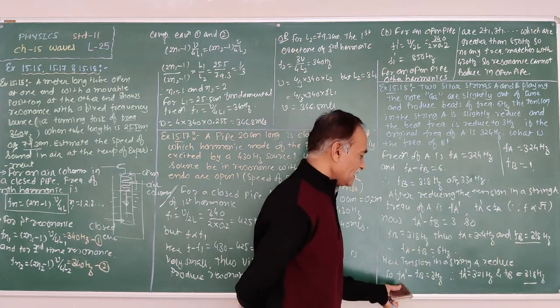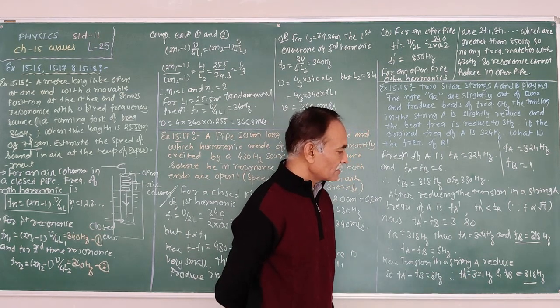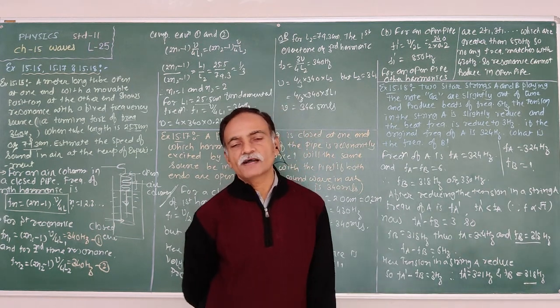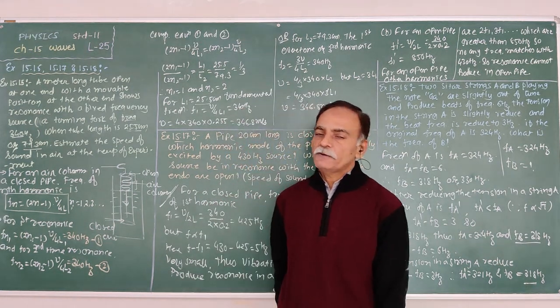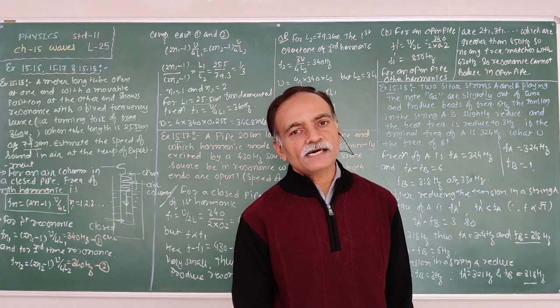So FA dash minus FB is equal to 3 Hz. Therefore, FA dash is equal to 321 Hz and FB is equal to 318 Hz. So friends, the numericals of this chapter are completed.